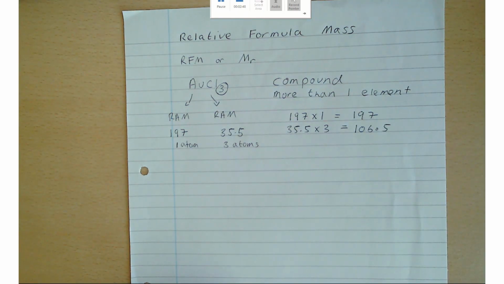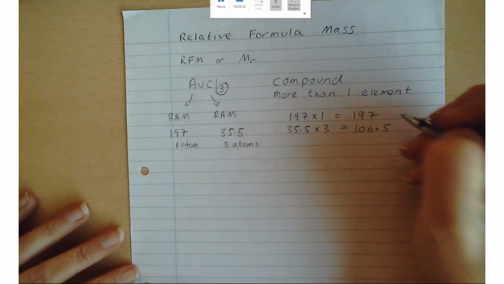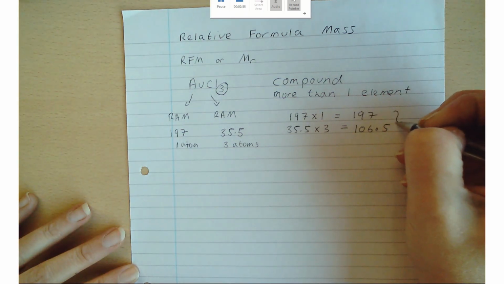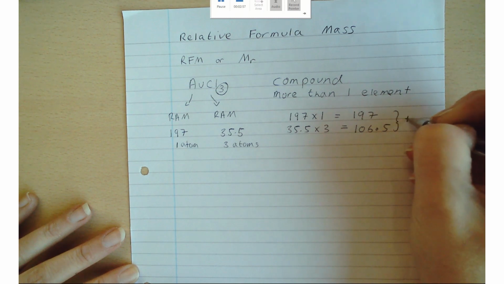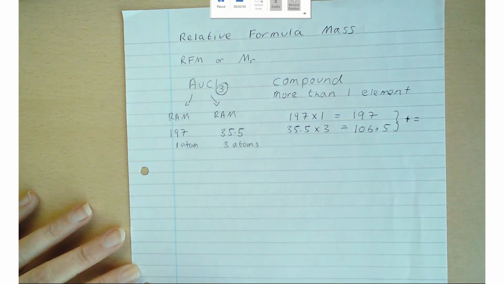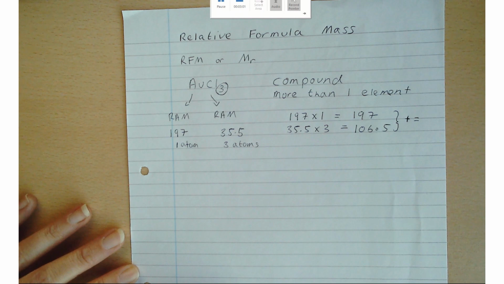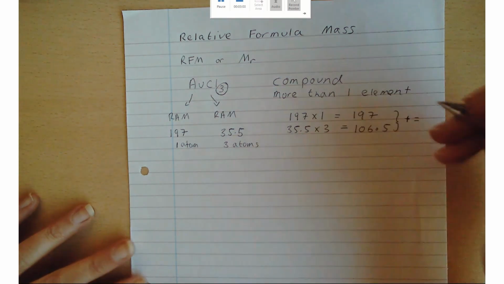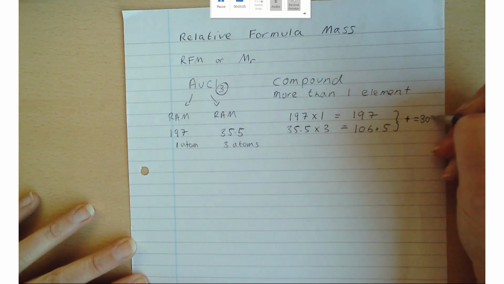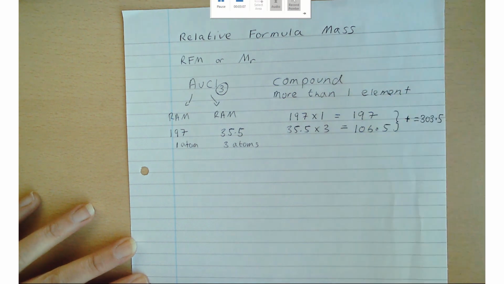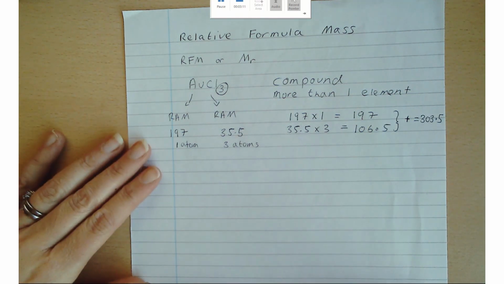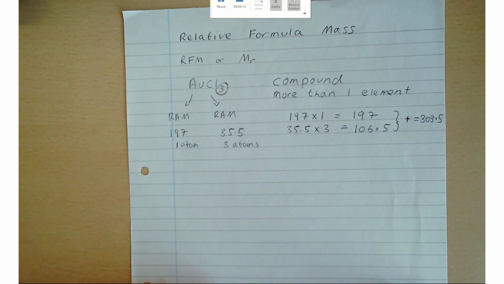Once I have got those two numbers, because I'm in a compound, I need to add them together. So if I add 197 and 106.5, I get 303.5.